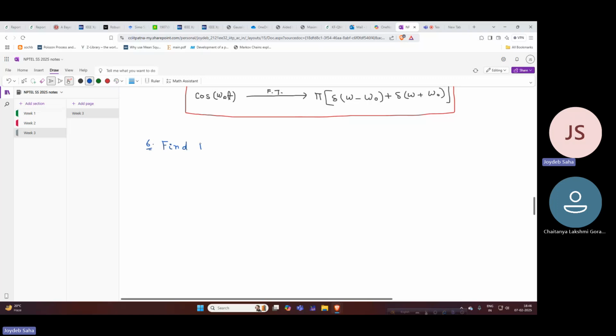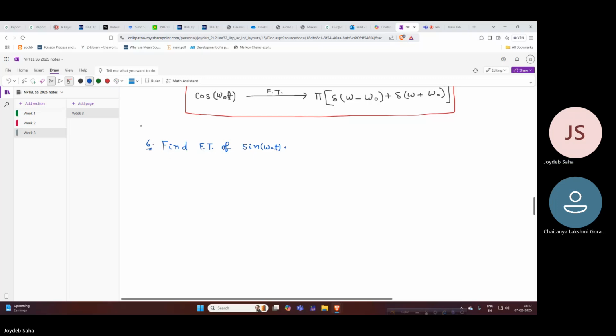Find the Fourier transform of sine omega 0 t.